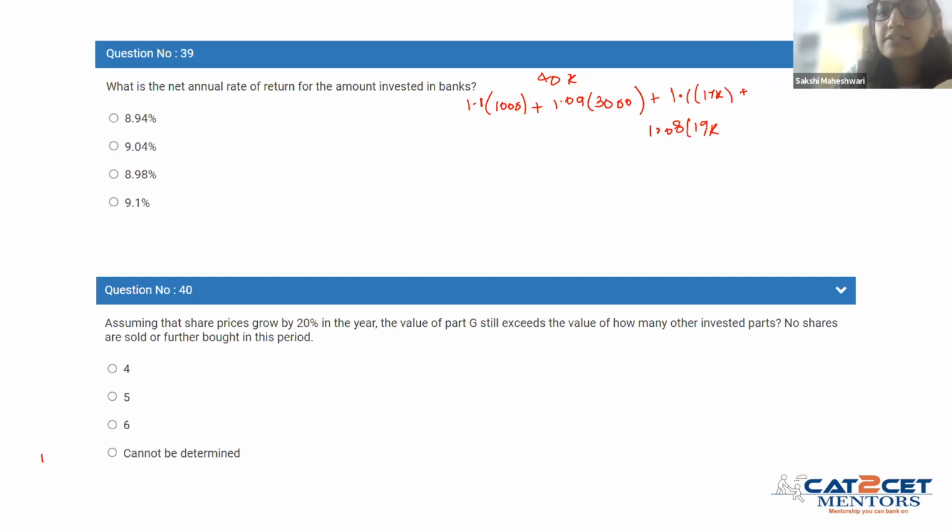Guys, tell me this calculation fast. Come on, tell me the calculation fast. So this is 1100. This will be... Guys, tell me this calculation.